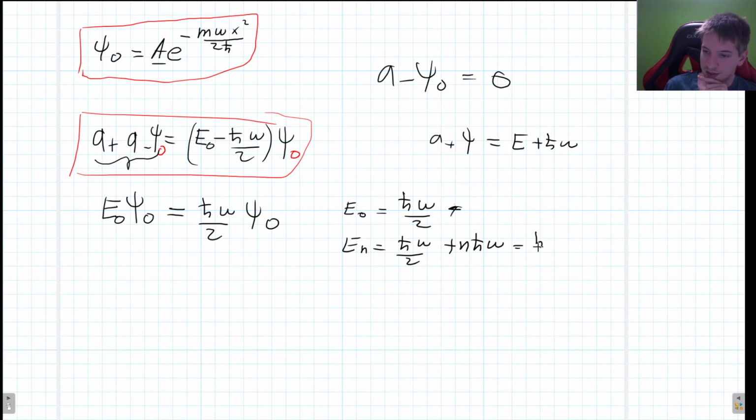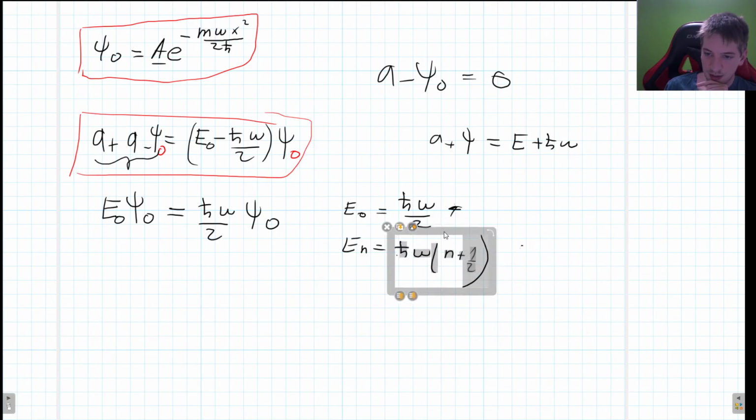So if we just factor this out, we get that the energy of this n state is h bar omega times n plus 1/2. So these are just incredibly important results. This is what we wanted to get to, and as you can see, we didn't do anything too difficult. We barely solved the differential equation.